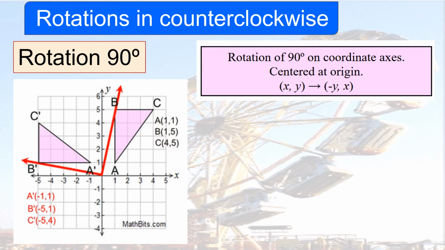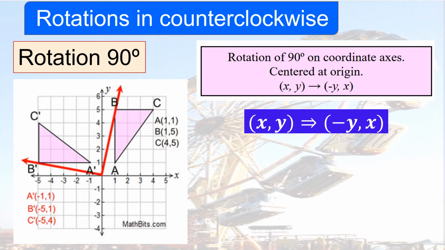Now, let us have some examples under counterclockwise. Suppose we have this diagram and it is being rotated 90 degrees on the coordinate axis, centered at origin, and this is the pattern: (x, y) will become (-y, x).